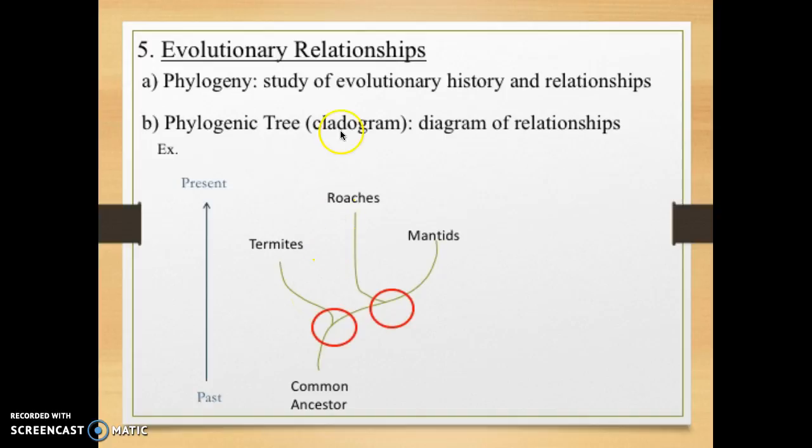So both of these branches circled now on our paper are common ancestors that these organisms would have shared. So if we take a look at the roach and the mantid, right here is a common ancestor of the two.